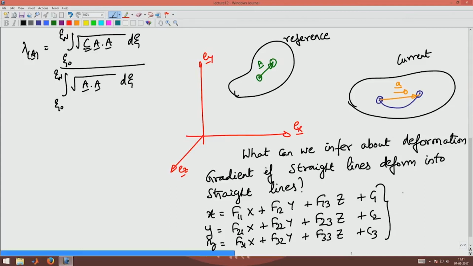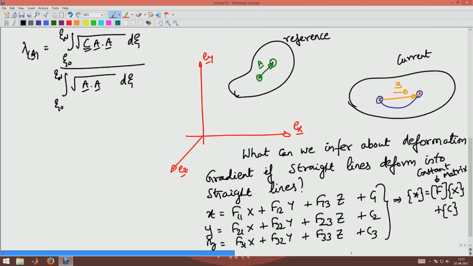These equations I can write succinctly as x is equal to F times capital X plus c, the vector c. So, that is the matrix vector multiplication that goes in here, and this F is a constant matrix. Okay. Now, this is the general mapping which will take a straight line to a straight line.